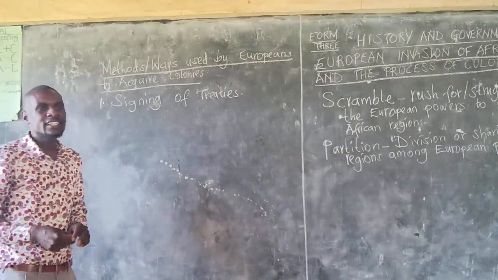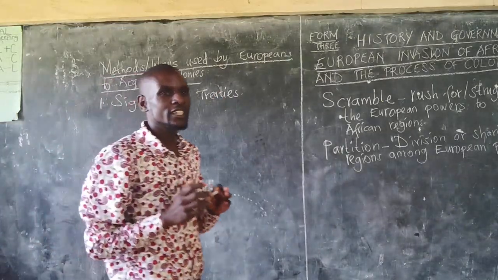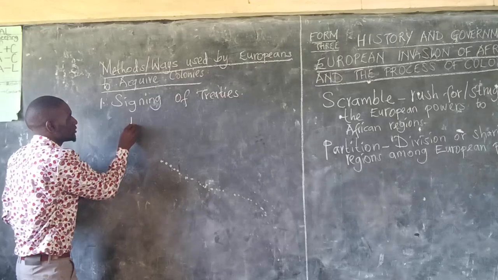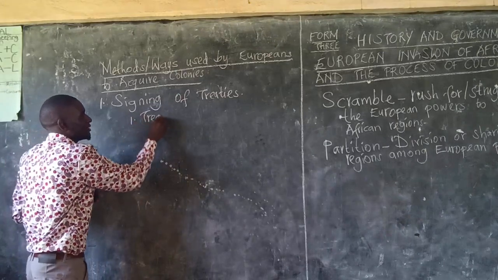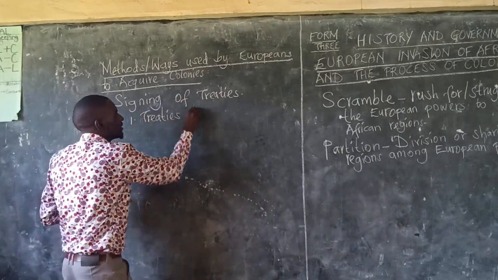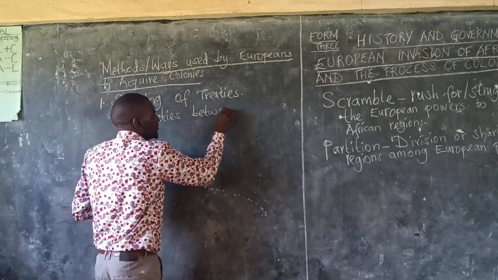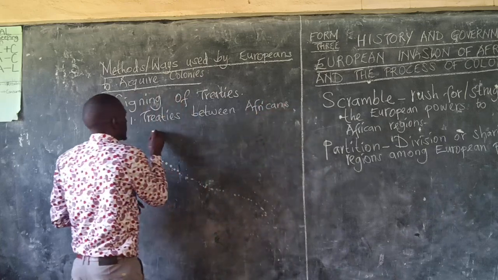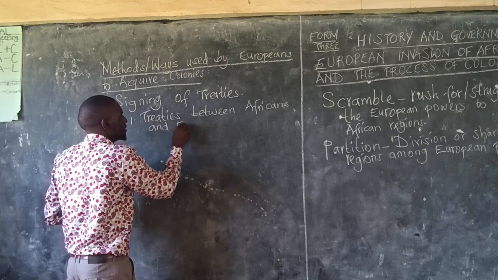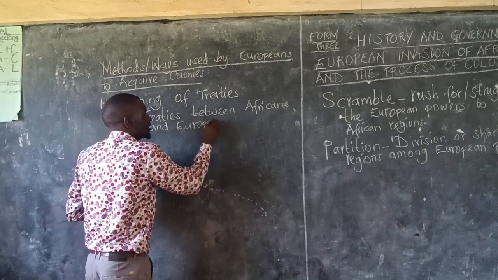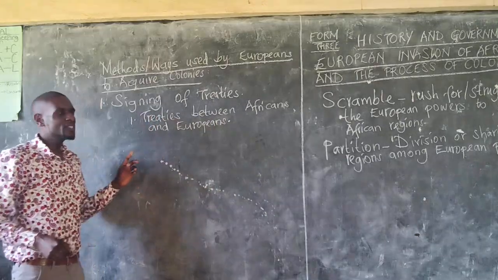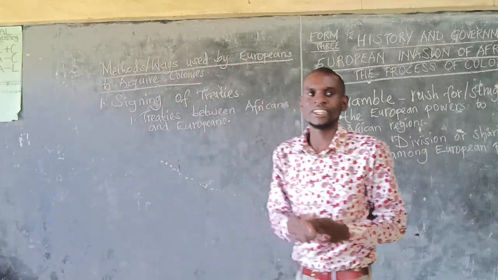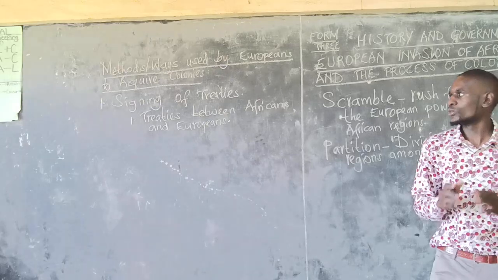The Europeans signed various treaties as they were acquiring colonies in Africa. One type of treaty signed was the treaties between Africans and Europeans. There were treaties signed by some African leaders and the Europeans to agree on the areas or territories that the Europeans would occupy.